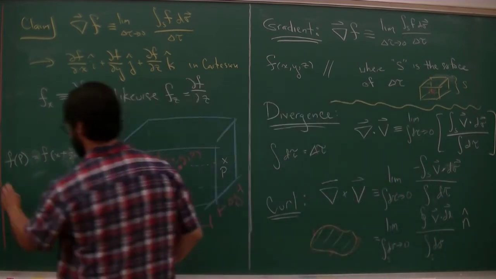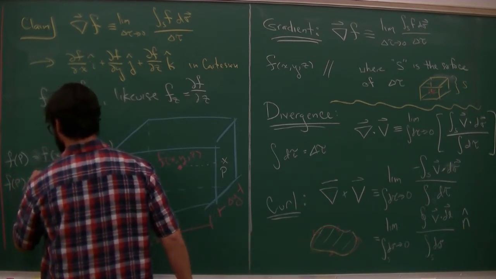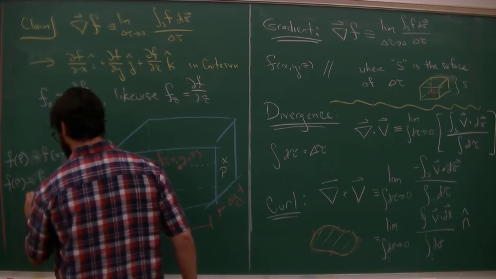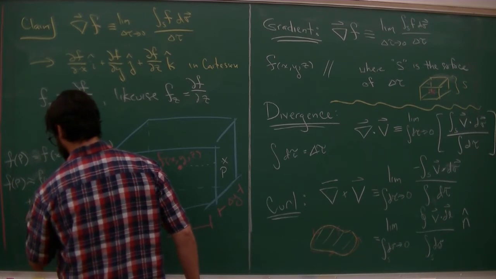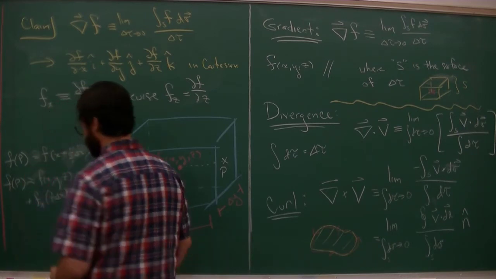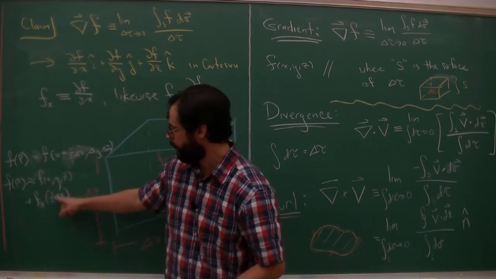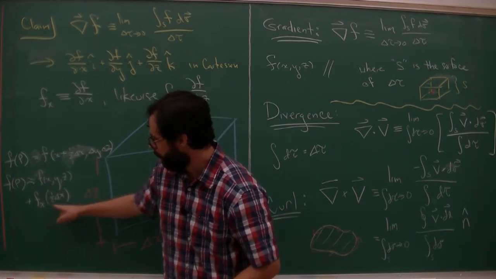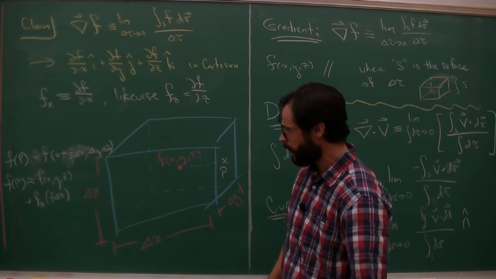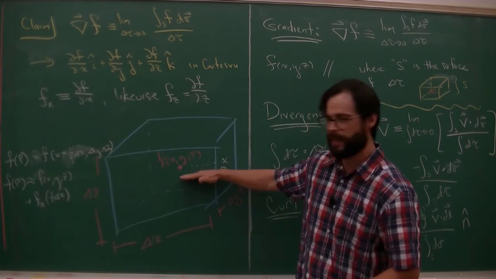So f of P, evaluated at that particular point, is well approximated by f of x, y, and z plus f partial x, and then how far we moved. This is the slope of the function in that direction, and that's how far we moved. So this is mx plus b. Essentially, that's what Taylor's theorem says in first order. I'm going to rewrite that a little bit the next time I use it, but hopefully that makes sense.